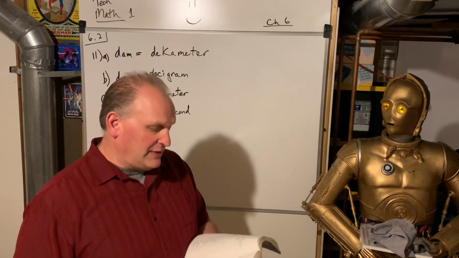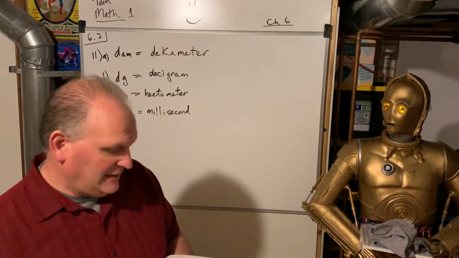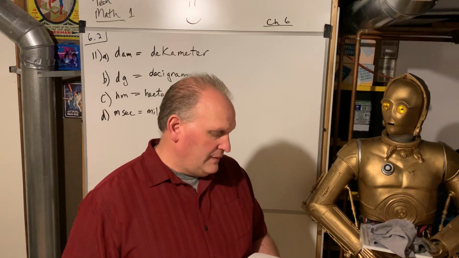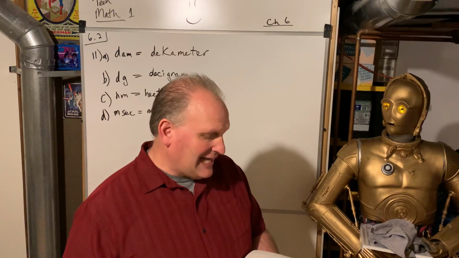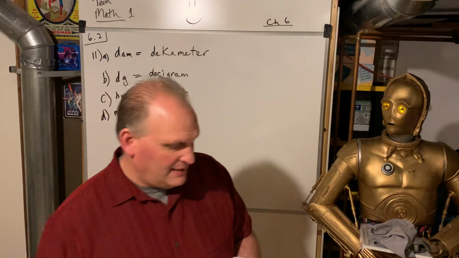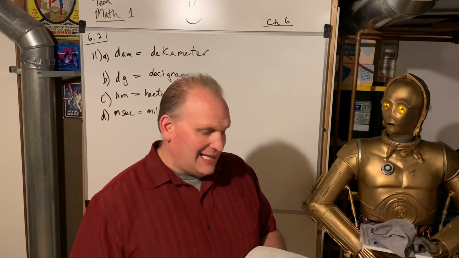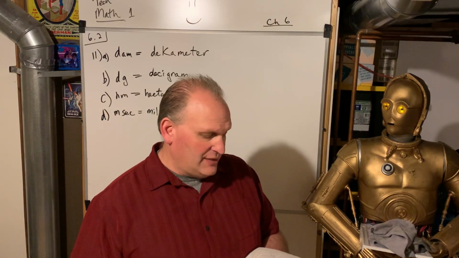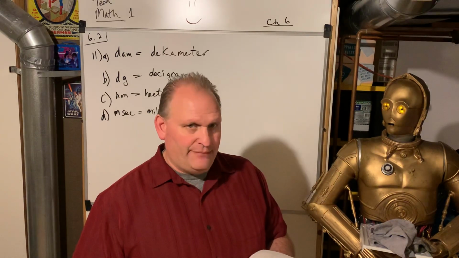Those are the decimeters in a meter stick. So deci, centi, milli. And then going the other way, we got deca, hecto, and kilo. So if I say a kilometer, that's 1,000 meters. If I say hectometer, that's 100 meters. And if I say decameters, that's 10 meters.